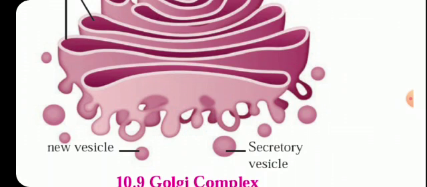New vesicles are formed, and these vesicles will contain the new modified substances, and the cisternae work like a packaging department that packs and distributes the substances to various target sites. Have you understood how the Golgi complex actually works?